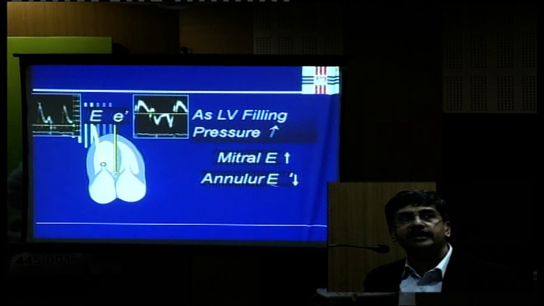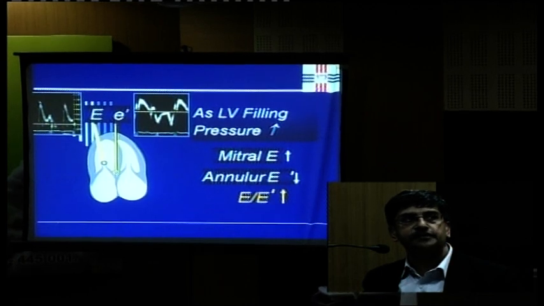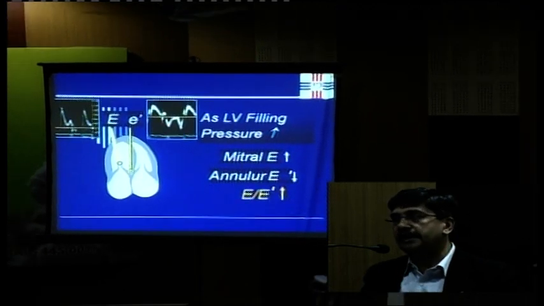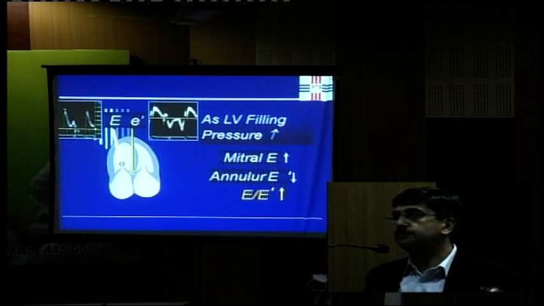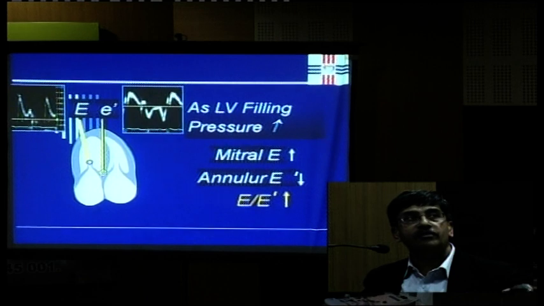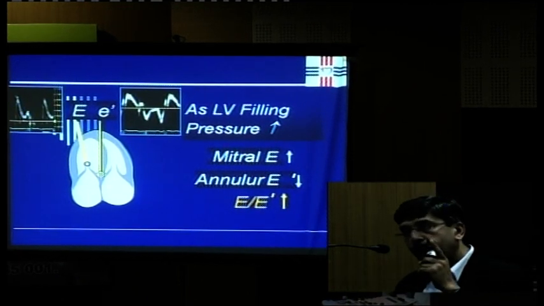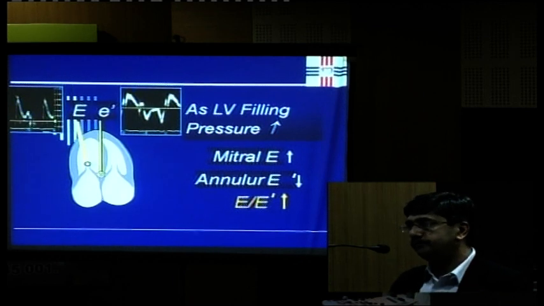That means annular E prime decreases and E by E prime will increase. So if it is 10, this keeps on decreasing, this becomes 20 and this becomes 2. If this becomes 40 and this becomes 1, it is 40. So as E by E prime increases, that means your LV filling pressure is increasing, your patient is developing a state where he will develop pulmonary edema.